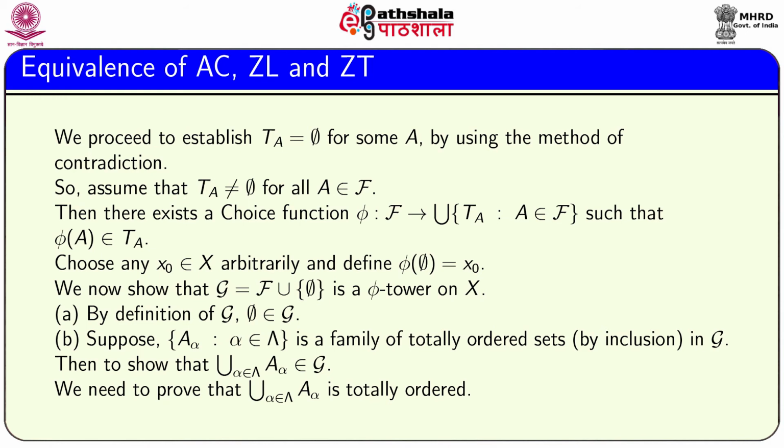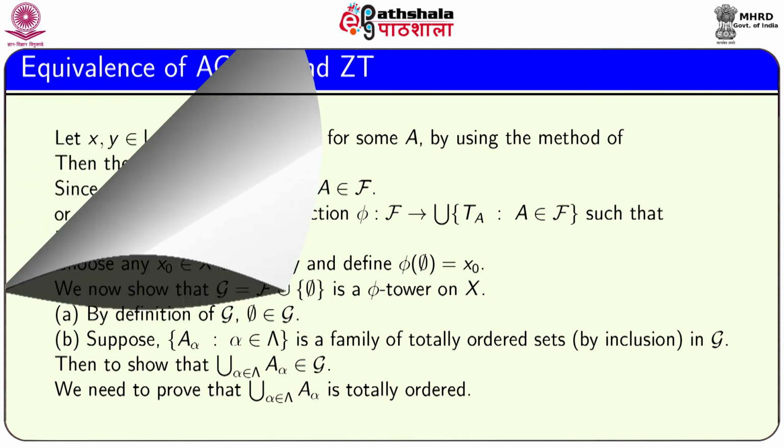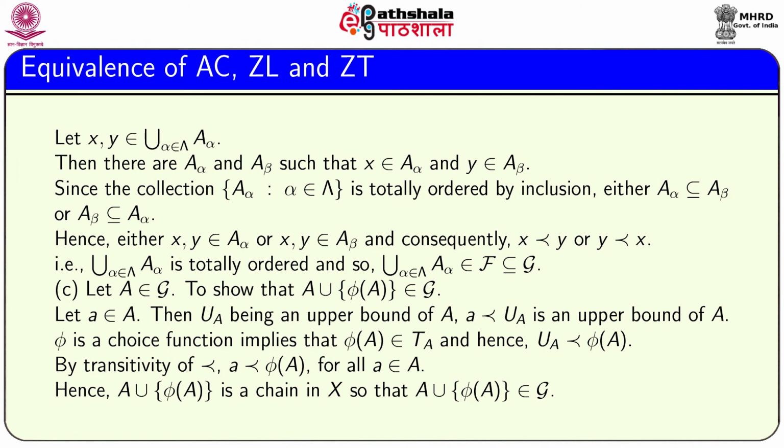Consider the family as A alpha, alpha belonging to lambda. Then to show that union A alpha belongs to script G, we need to prove that union A alpha is totally ordered. Let us take two points x and y from this union. Then there are A alpha and A beta such that x belongs to A alpha and y belongs to A beta.